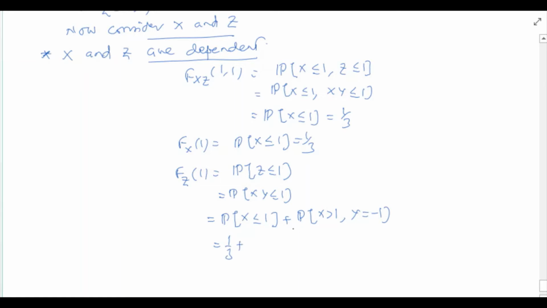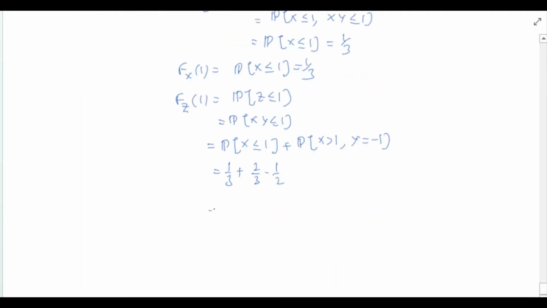The second term, since X and Y are independent, can be written as 2 by 3, the probability of X greater than 1, times the probability of Y being minus 1. The latter term is half. The 2 and 2 get cancelled, and this way we get F_Z(1) to be 2 by 3. Notice that F_XZ(1, 1) is 1 by 3, which is not equal to F_X(1) times F_Z(1). So X and Z are not independent.